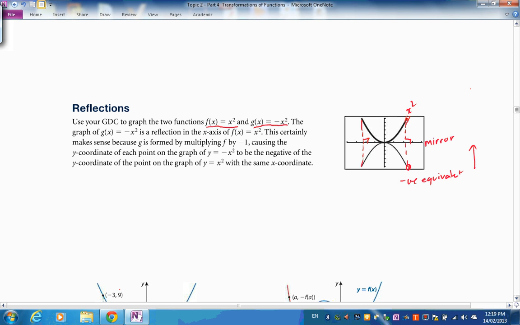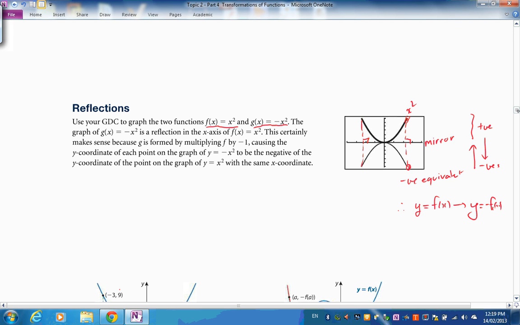So the idea is that all the positives at the top become negatives. Therefore the general rule is y equals f of x becomes y equals neg f of x. It's got to go across the x-axis.